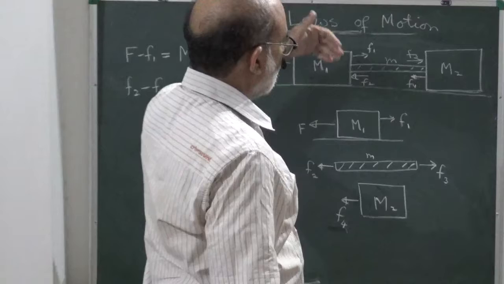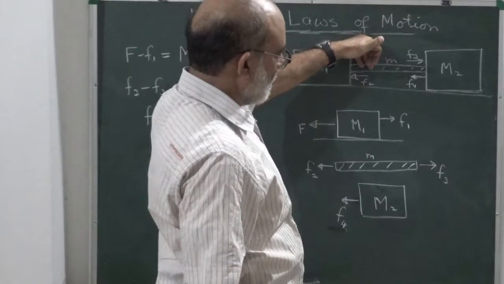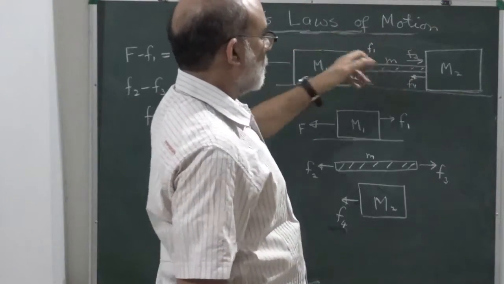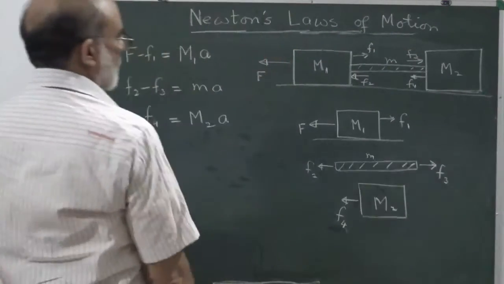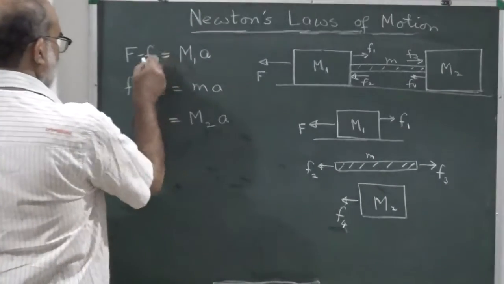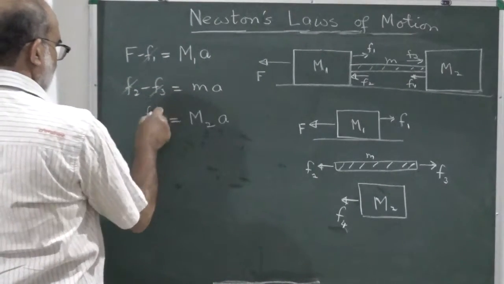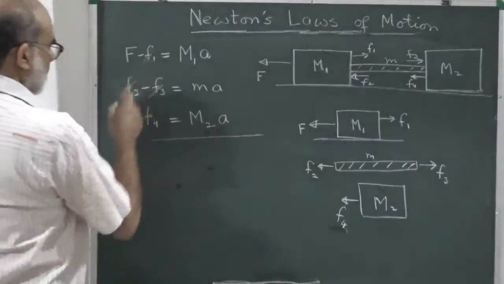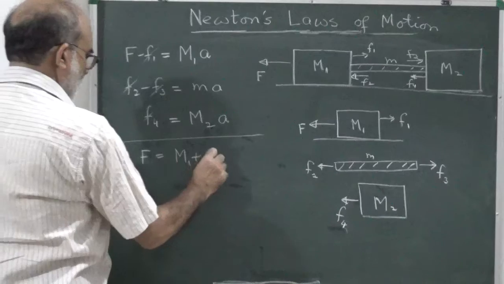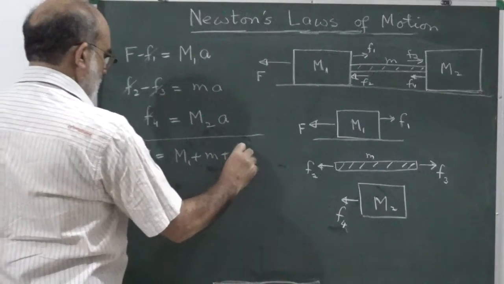It means the force by which the mass pulls the rope, by the same force the rope pulls the mass. Similarly, F3 must be equal to F4. So if F1 equals F2 and F3 equals F4, when you add the equations this cancels out, and we get F equals M1 plus m plus M2 times a.